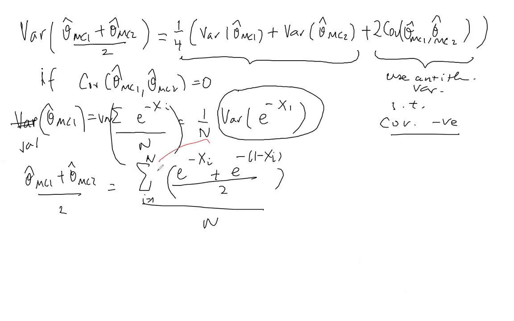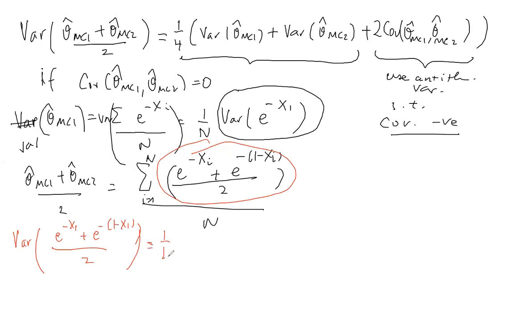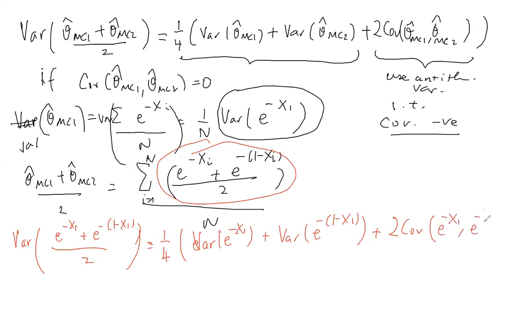Now, the variance of this term is equal to 1/4 times the variance of e to the minus X plus the variance of e to the minus (1 minus X), plus twice the covariance of these two terms, okay?